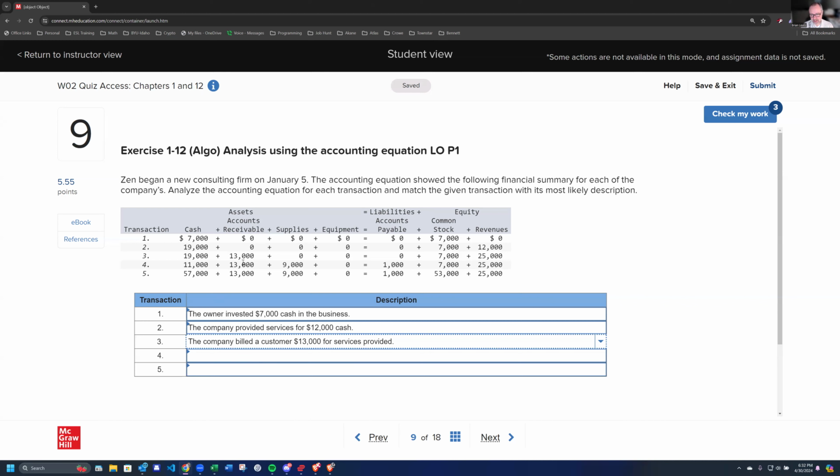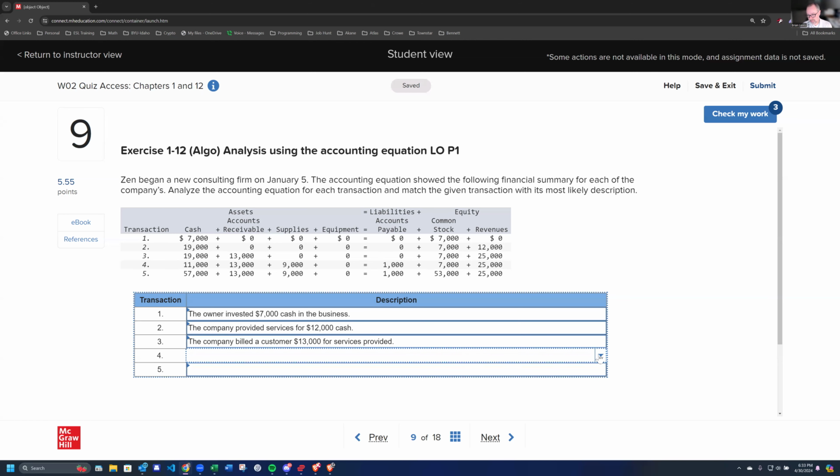Okay, so now we have a decrease of $8,000 in cash. So it suggests that money went out the door. No change in receivables, but an increase in supplies. So this was $8,000 in cash, $9,000 supplies, and we also have $1,000 in receivables. So it sounds like we bought something partially with cash and partially on credit, because no other change in the balances.